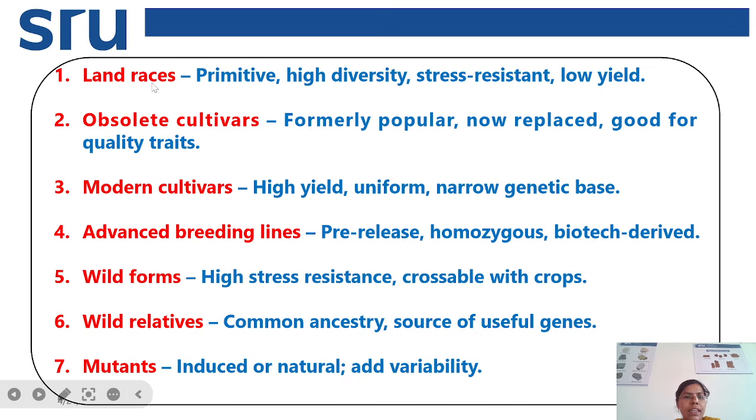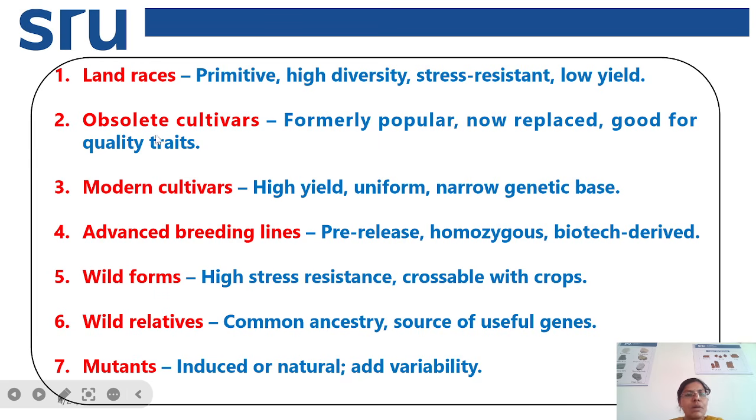Generally land races have high genetic diversity, which means there is a large amount of genetic diversity present in them. They also have a broad genetic base, which means they are more resistant to both biotic and abiotic stresses. The main disadvantages of land races are that they are less uniform and low yielders. Less uniform means they are not completely uniform throughout the field, and they yield less when compared to modern cultivars. That is about land races.